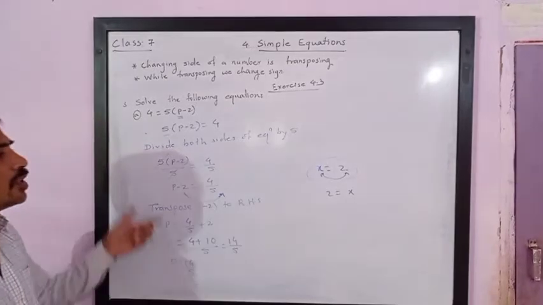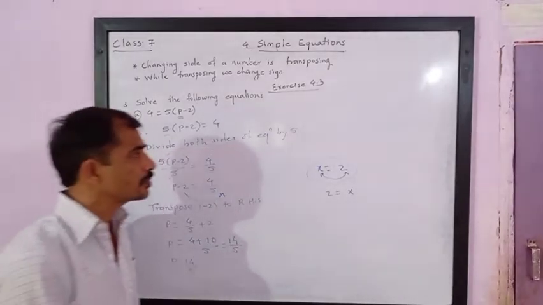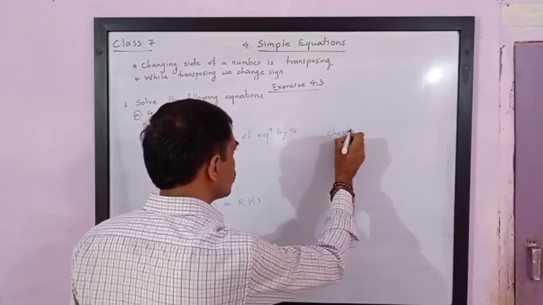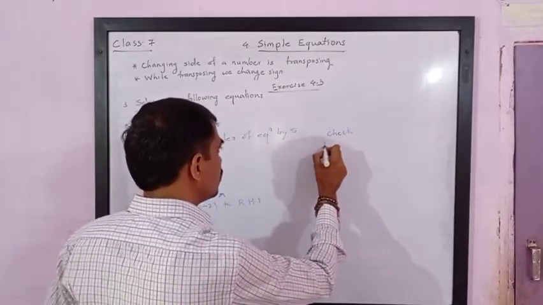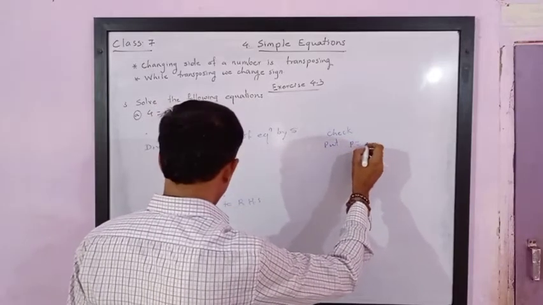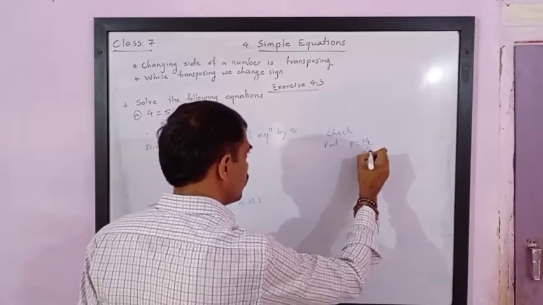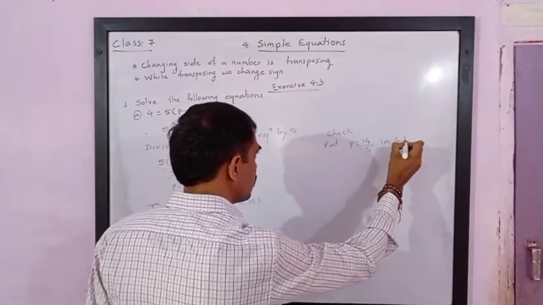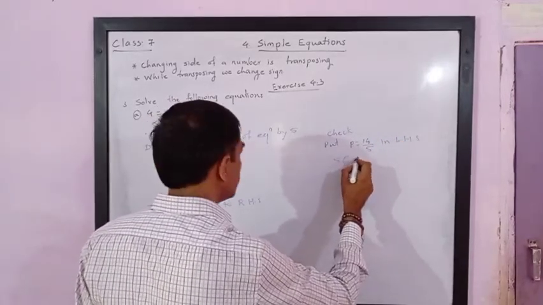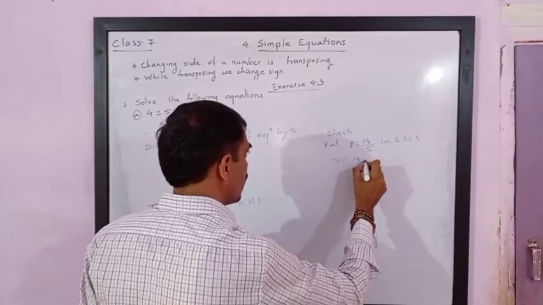Let us check whether our solution is correct or not. So for checking, we put p is equal to 14 upon 5 in LHS. So we will get 5 in bracket 14 upon 5 minus 2.